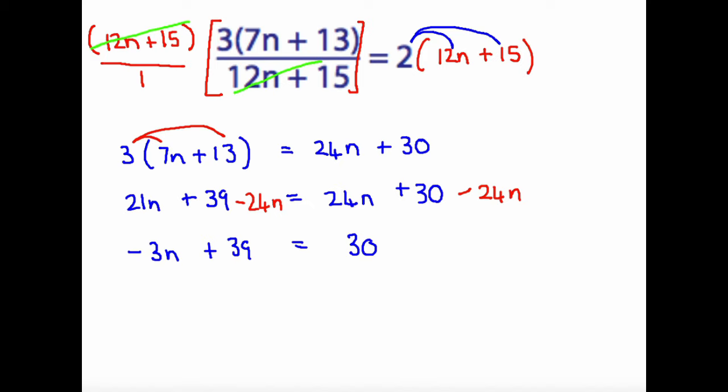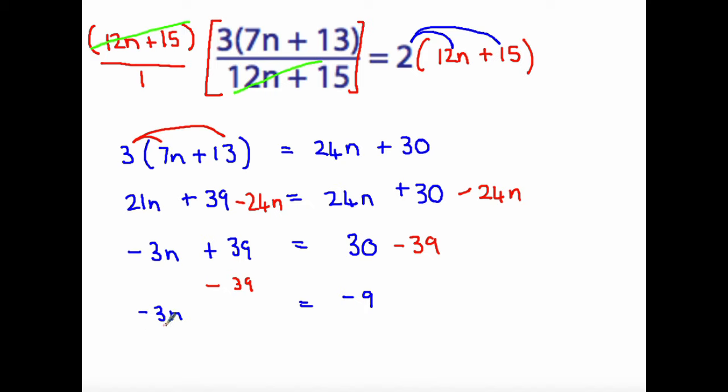So what I'm going to do here is remove the 39 by subtracting 39, and subtracting 39 on the other side also. So right now I've got negative 3n, this becomes 0, and this becomes negative 9.